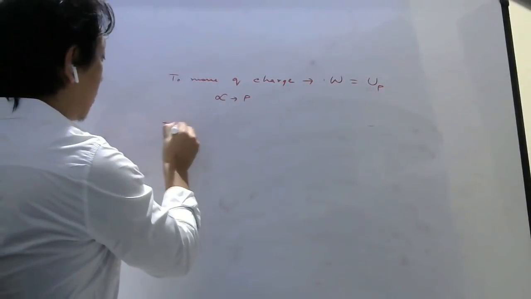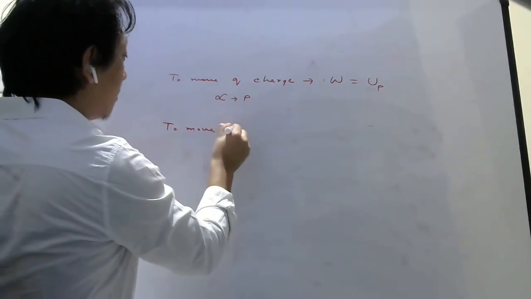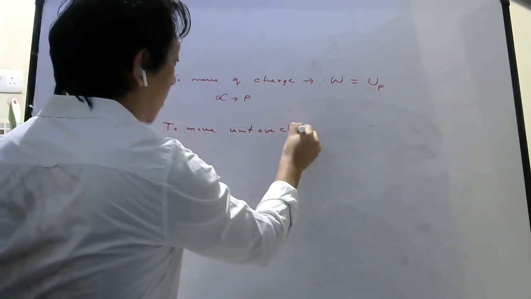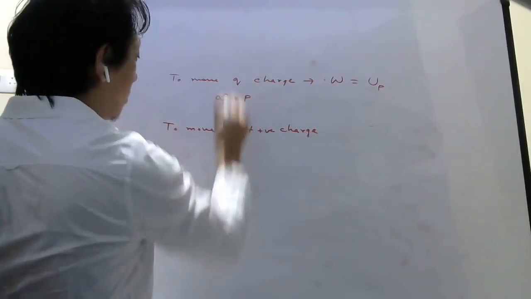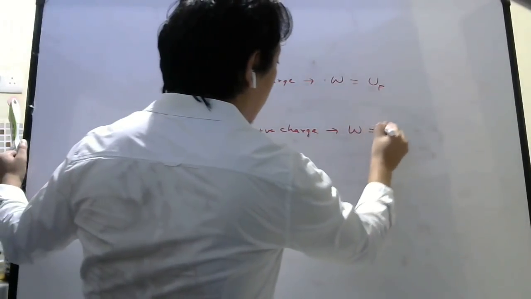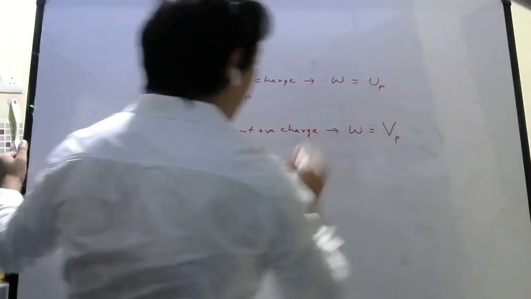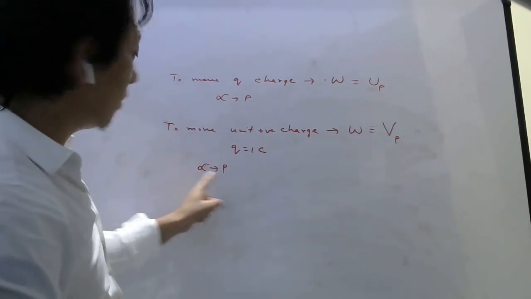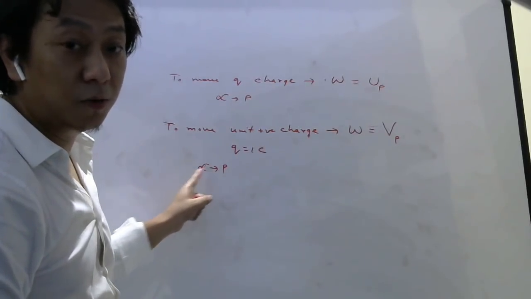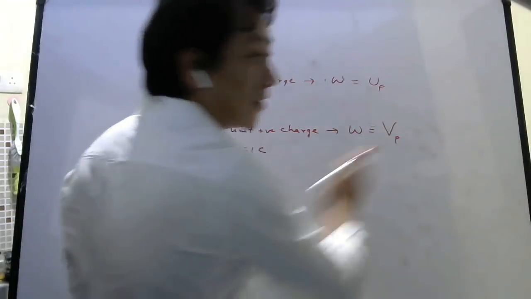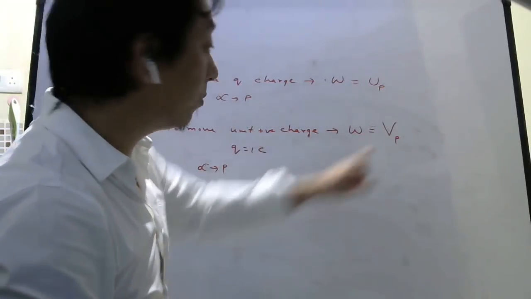If you move unit positive charge, that is 1 coulomb, so Q is 1 coulomb, then the work that you do is called potential. From where to where? Infinity to P. If you don't move from infinity to P, if you move from A to B, let's say, then you will get potential difference. But right now we are writing potential.